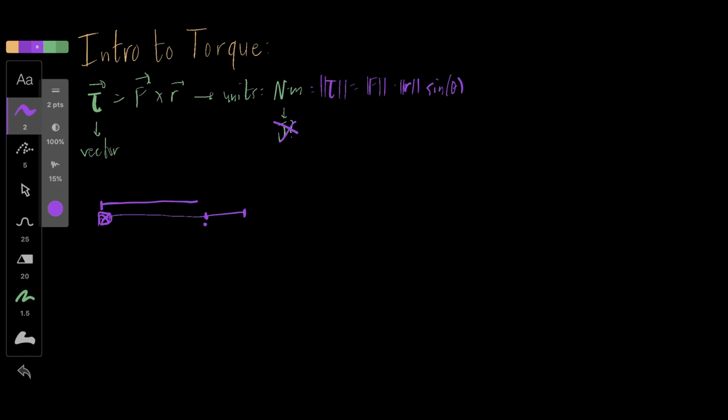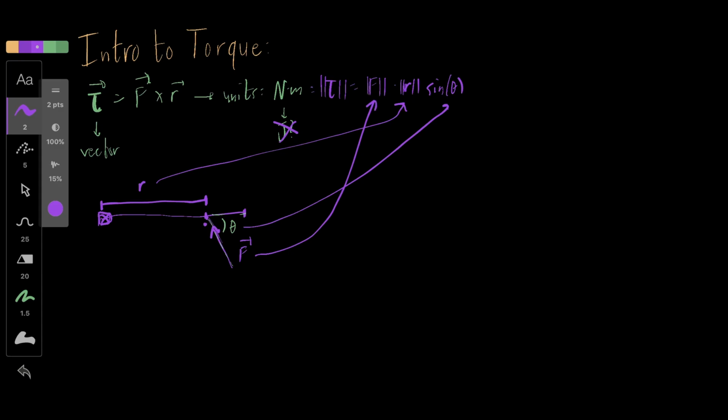So the distance from the application of force to the hinge is the distance r. And let's say we apply the force like this. Now, if you notice, this angle with the horizontal in green is the theta in our equation. This maps to this, and this maps to this, and then of course you just have the force that you're applying to create the torque.